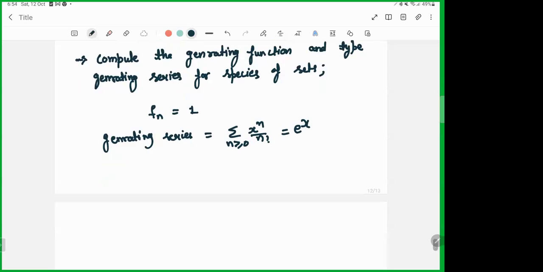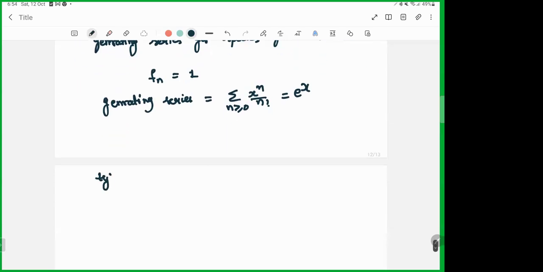And what is the type generating series? It will be 1 by 1 minus x, I think. How?